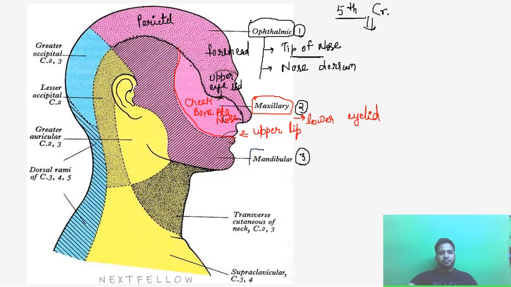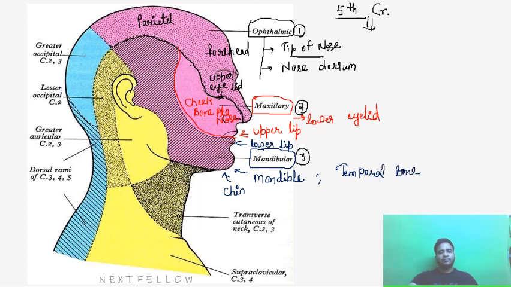The third branch is the mandibular nerve. So look at the diagram, the mandibular nerve is supplying the chin, lower lip, the mandibular bone, and part of the temporal bone by means of the auriculotemporal nerve.